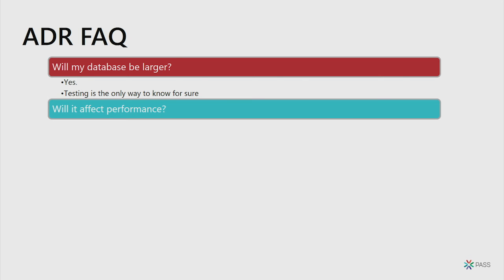So, question 2, will it affect performance? What do you think? It depends, of course. Of course it depends. What does it depend on? Well, one thing it depends on is whether or not you're already using snapshot-based isolation, right? Because if you're already using snapshot-based isolation, you're already doing double writes, right?